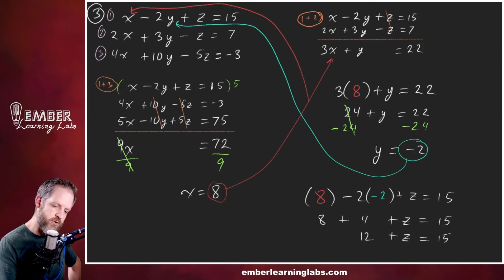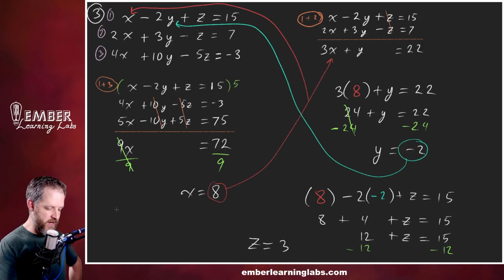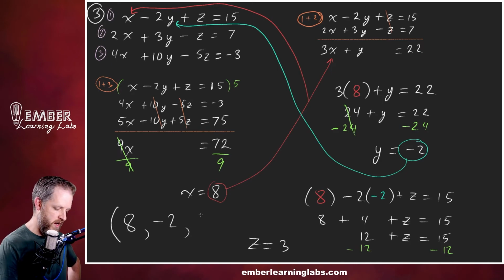When we subtract off the 12, we end up with z equals 3. So our answer is the ordered triple 8, -2, 3. Nice.